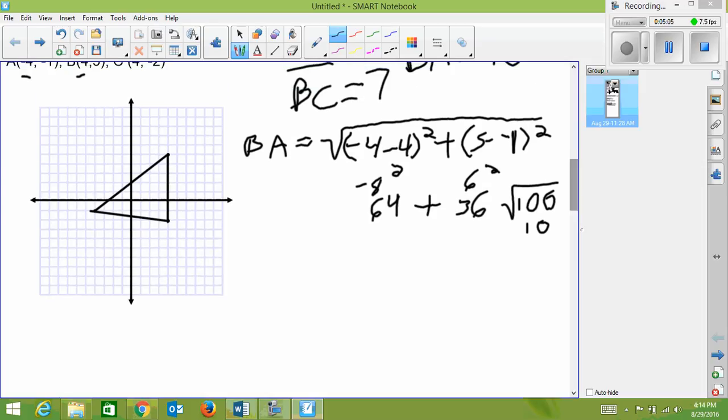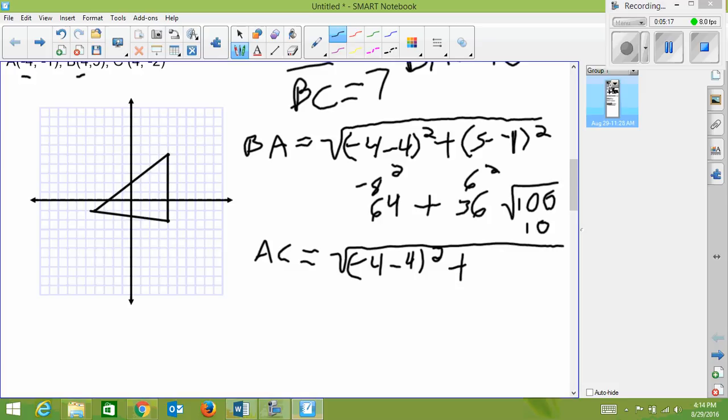Then I still need to do side AC. Again, we're going to use the distance formula. So I'm going to do -4 minus 4 squared plus -1 minus a -2 squared. Again, these should all be under square root symbols.